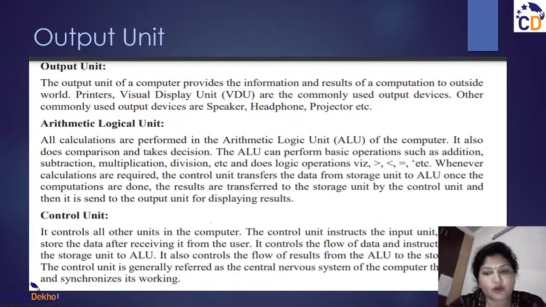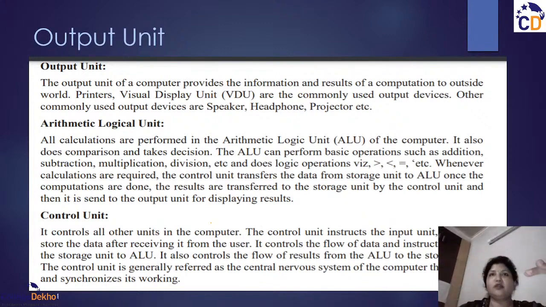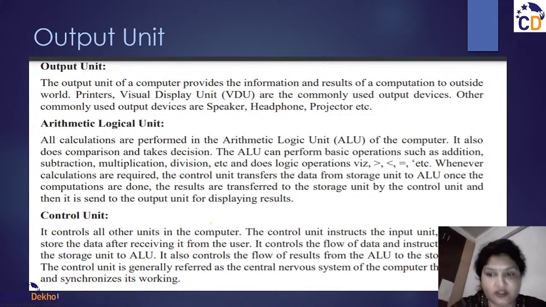It also controls the flow of results from the ALU to the storage unit, right? So whenever data goes from the storage unit to the ALU, and whenever you want to store results from the ALU to the storage devices, it is done by the control unit.